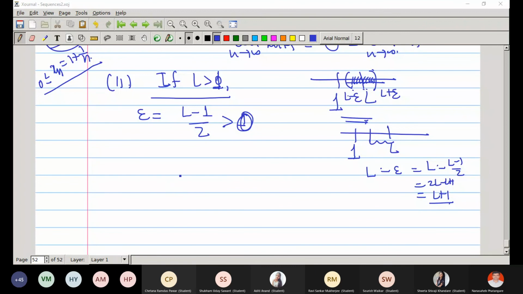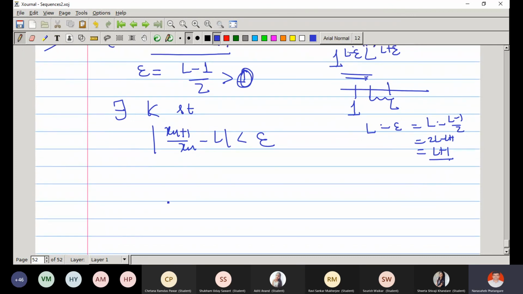Okay, so if you choose this epsilon, then what will happen? There exists k such that the absolute value of xn plus 1 upon xn minus L is less than this epsilon. And then you see what happens. Then you will find that xn plus 1 upon xn minus L is less than epsilon and greater than minus epsilon for all n greater than or equal to k.